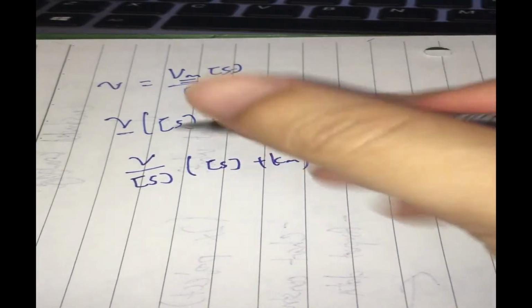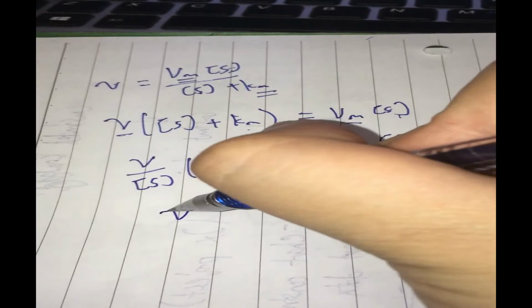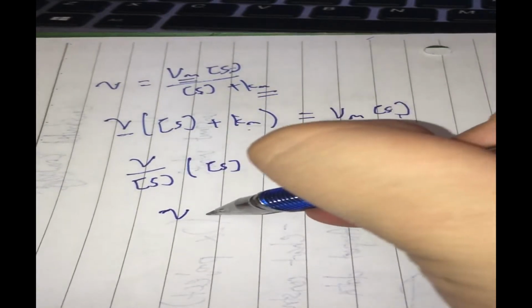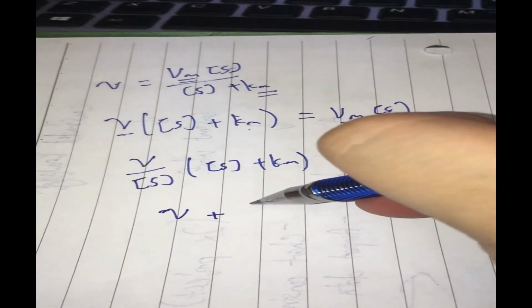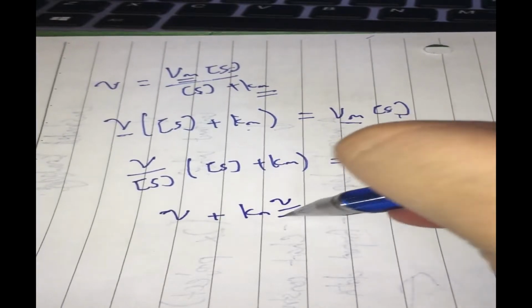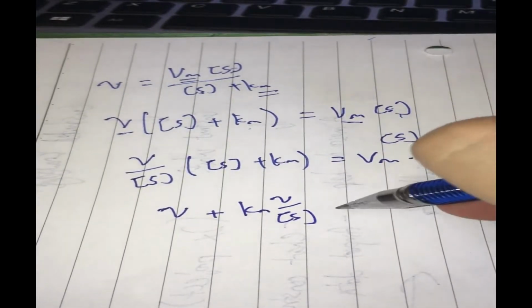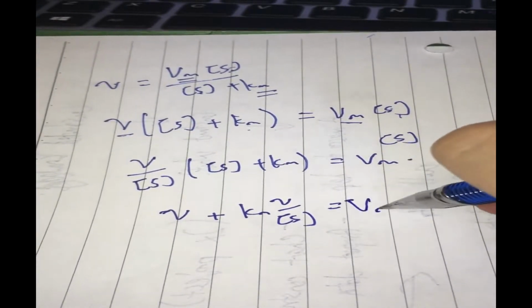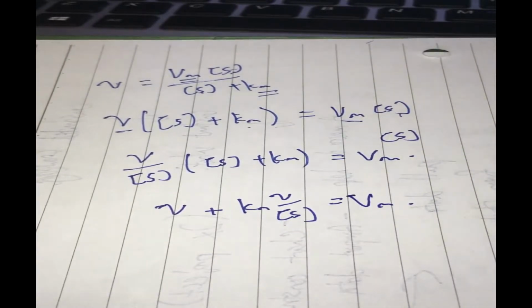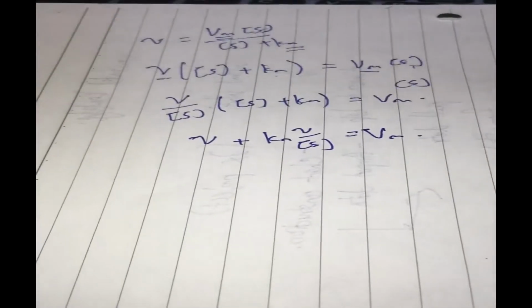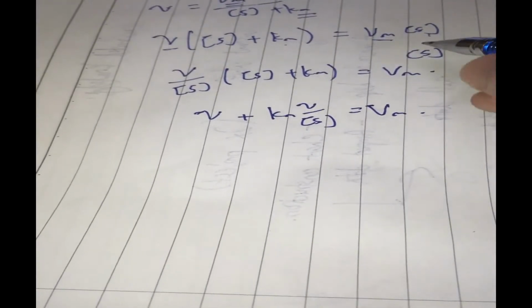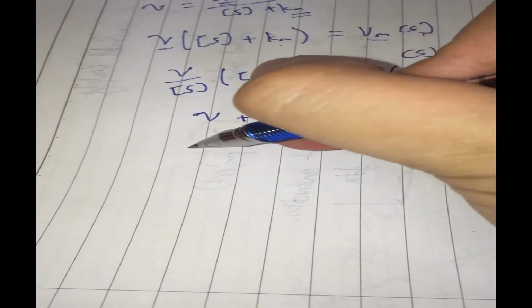So let's multiply this in. So if a v was the first term plus km v over s as your second term, that will equal to vm. Now it looks a lot better. At least this is a linear plot. It looks like it's starting to look like a linear plot already.